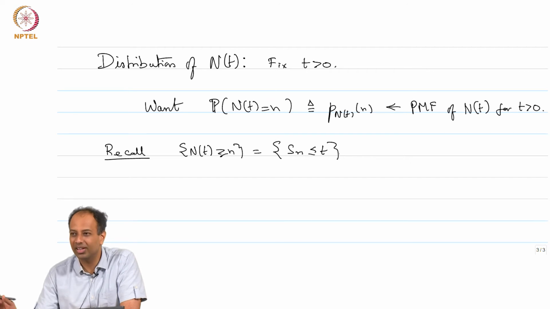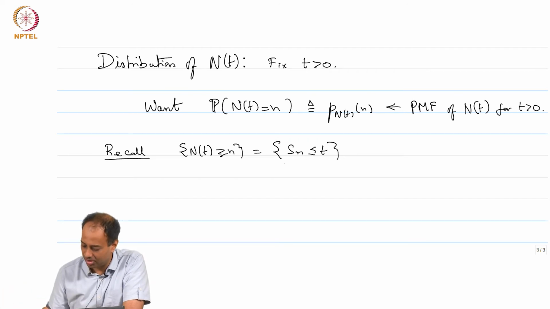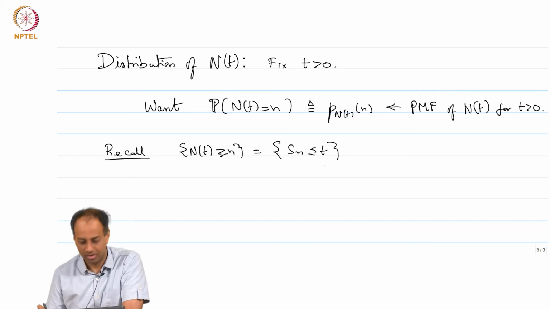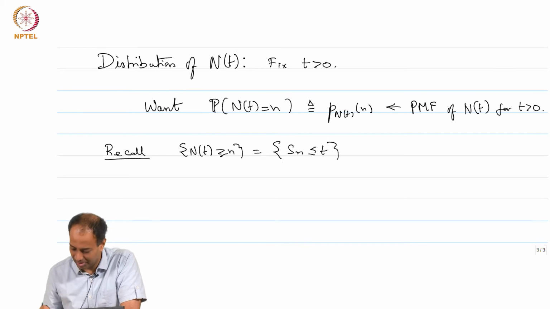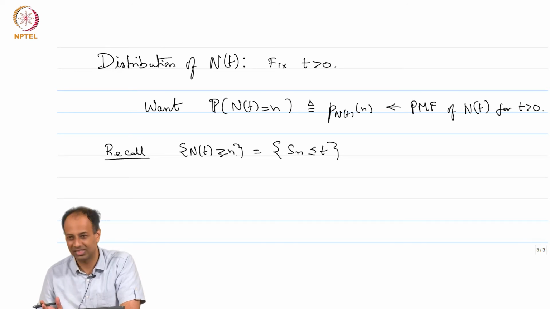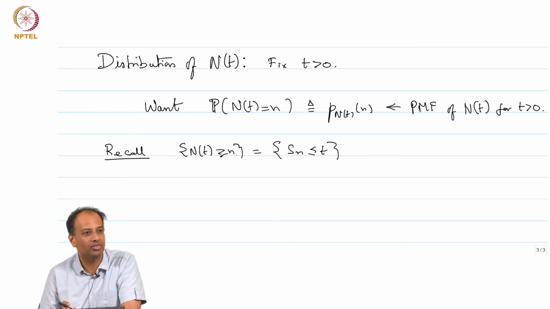So, from this you can essentially see, we know the distribution of S_n is Erlang. So, probability that S_n is less than or equal to t we can easily write out, simply the integral of the Erlang density. This is nothing but the Erlang CDF. So, the probability of N_t greater than or equal to n is easy to get, that is really all there is to it. Since you know the distribution of S_n, you can calculate the distribution of N_t using this equivalence.